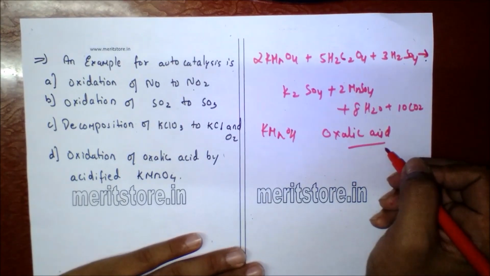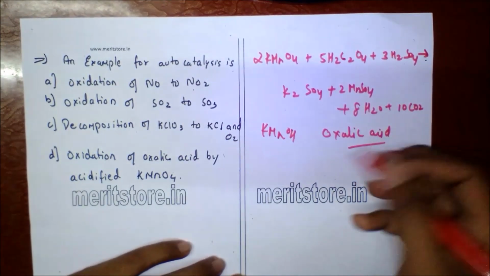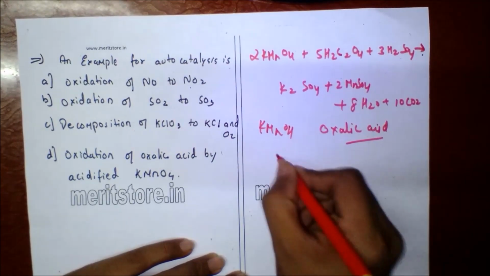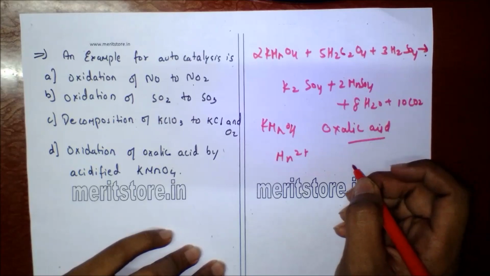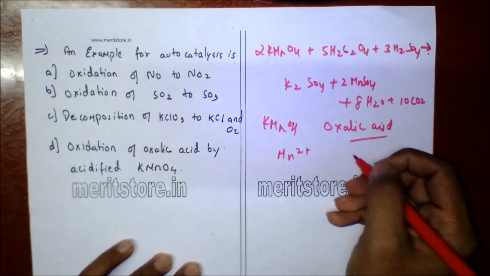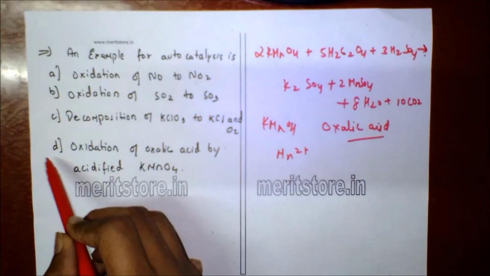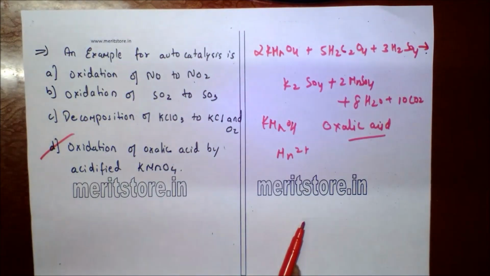But the rate of disappearance of color increases after some time due to the formation of Mn2+ ions, which act as an autocatalyst for the reaction. Hence, the correct answer is option D, oxidation of oxalic acid by acidified KMnO4.